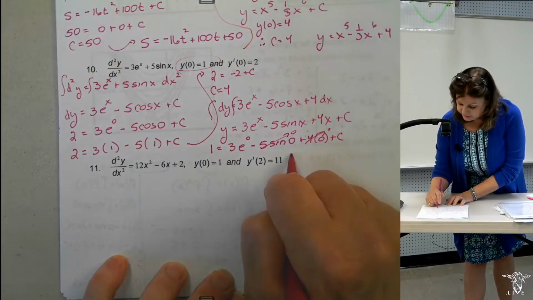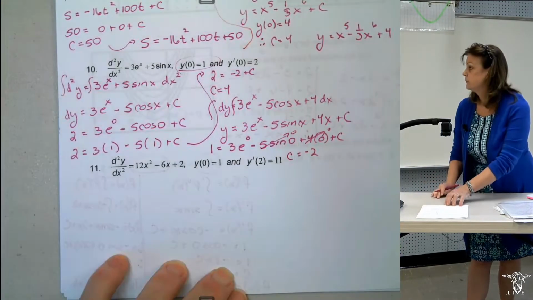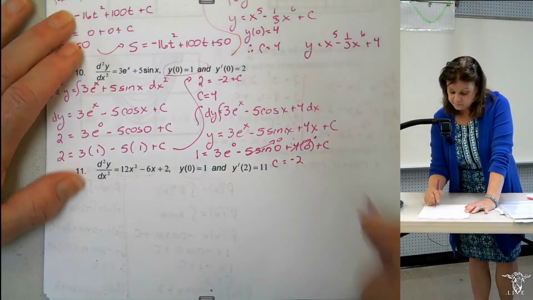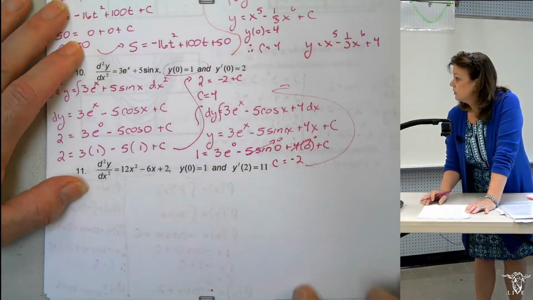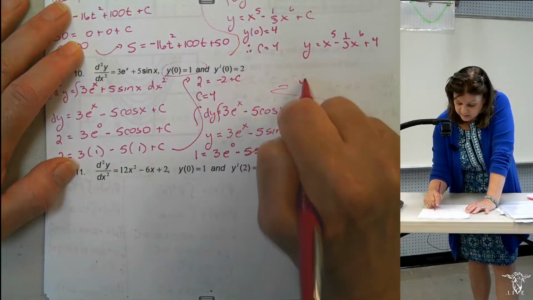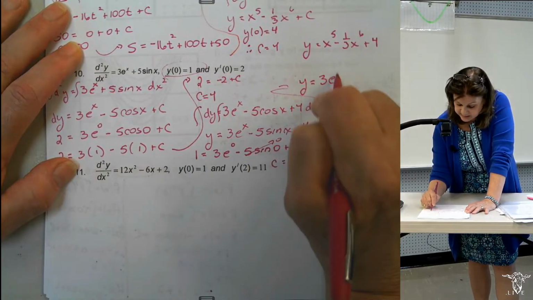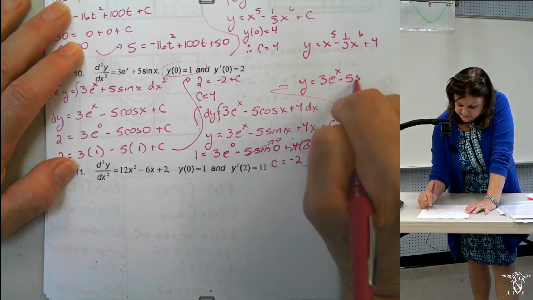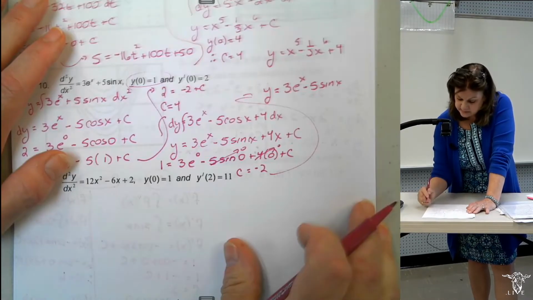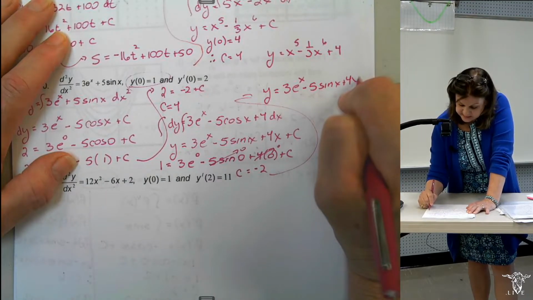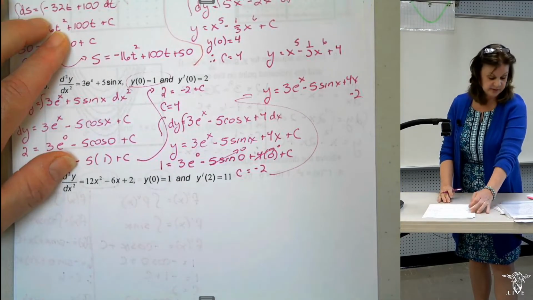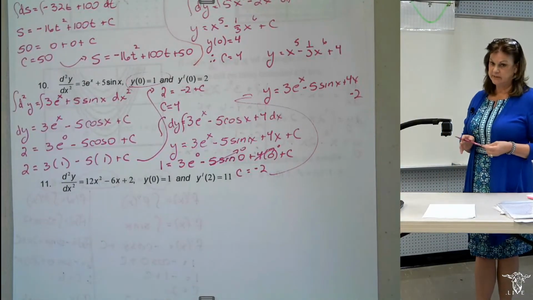So your c value is negative 2. So our function y equals 3e to the x minus 5 sine x plus 4x minus 2. And again, I ran out of room, but that's not a big deal. Okay?